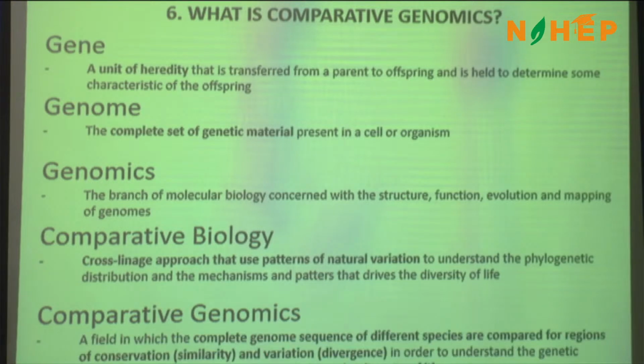And then comparative genomics. Comparative genomics is basically the comparison between genomes, metagenomes, or even fragments of DNA. If you have context, you can also compare them, okay? So that's what we are going to do in the next examples.